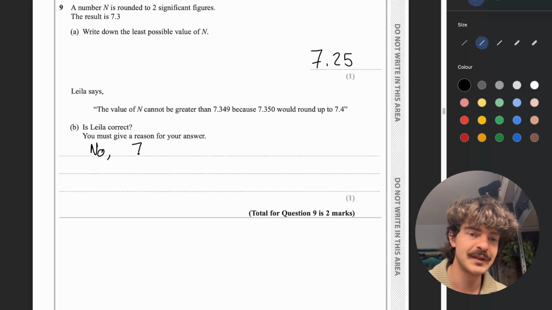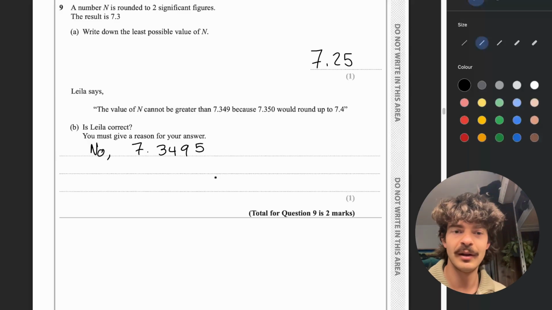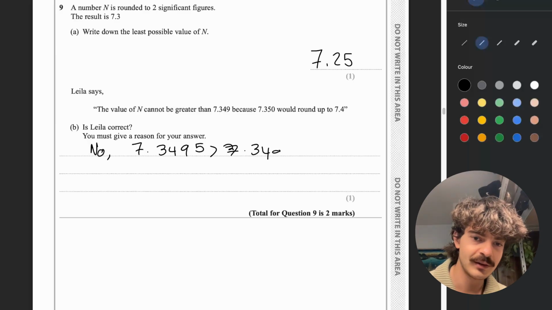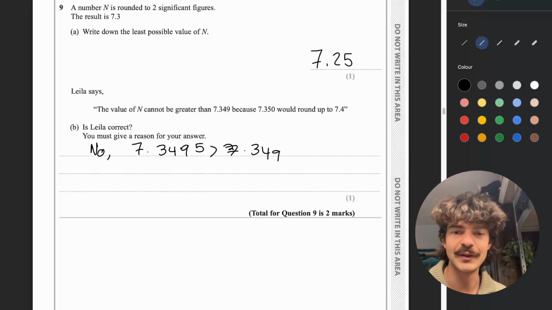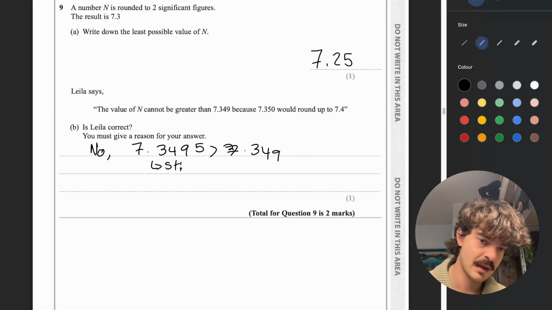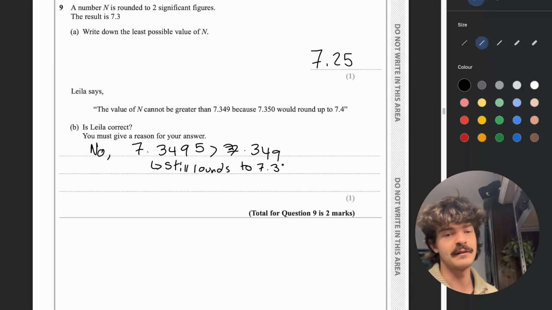You could have 7.3495, for example, which is greater than 7.349, but this still rounds to 7.3. So is she correct? I don't think so. There are bigger numbers than 7.349 that still round to 7.3.